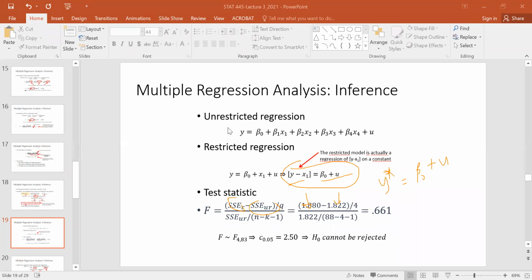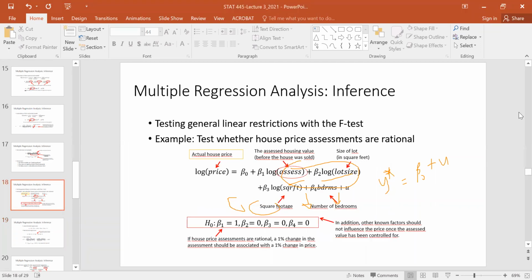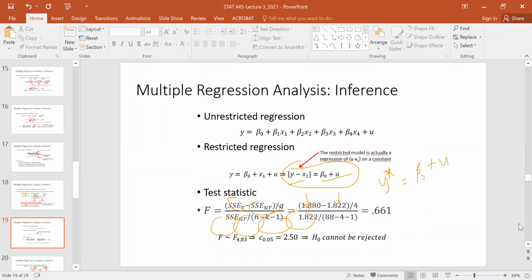Let's count the number of restrictions: 1, 2, 3, 4. So Q is 4. And then N minus K minus 1. If all the numbers were provided, I'm sure you can fill this in. I provide some on the next slide.